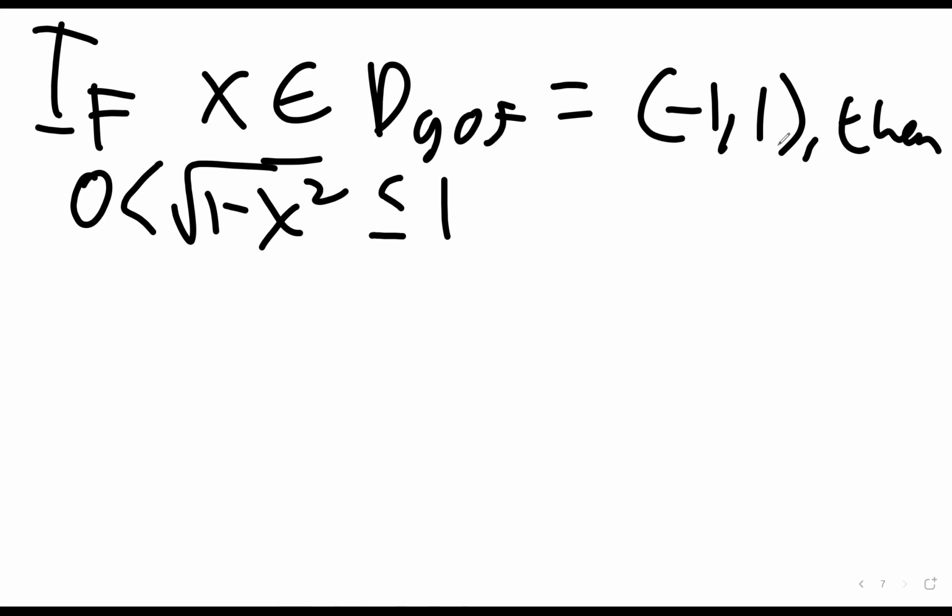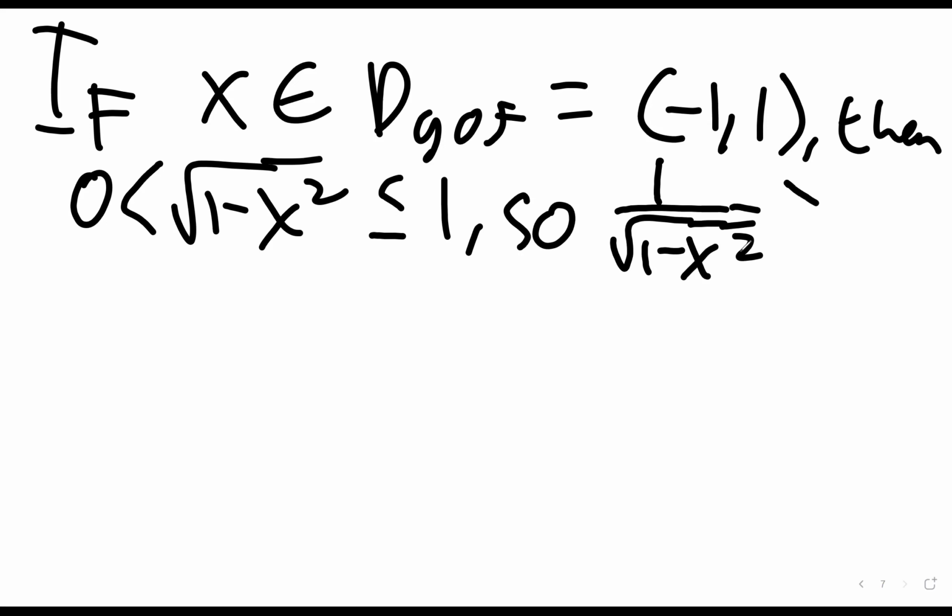Okay, so if you consider this, we will have 1 over square root of 1 minus x squared is greater than or equal to 1.